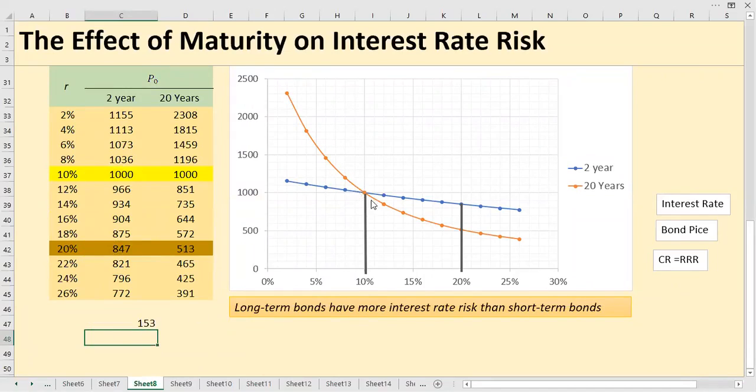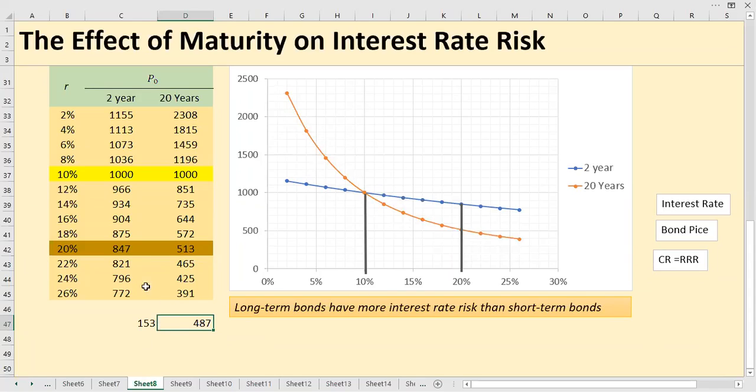But if you look at the 20-year bond, let me calculate the difference there. 1000 minus this, you get 484 rupees as the difference. So that means when a bond has a higher maturity period, that particular bond has a higher interest rate risk. So higher the maturity, higher the tendency to decrease the value.